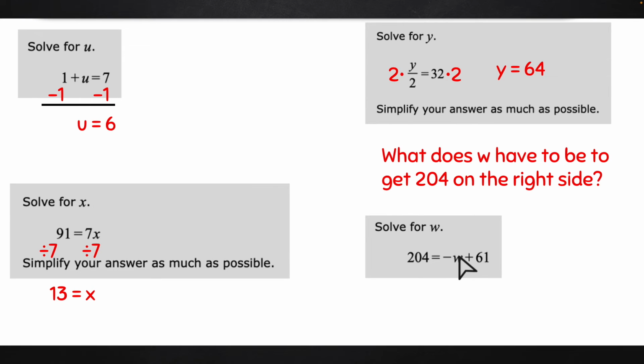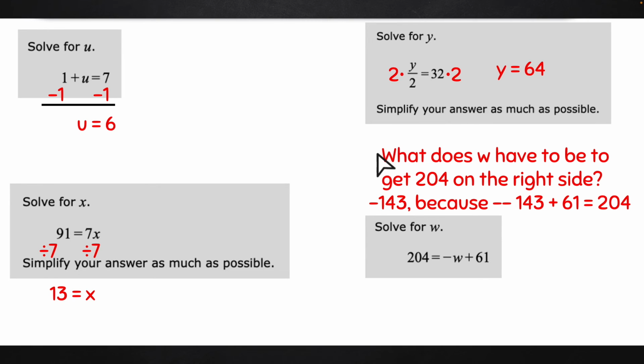So this one I think is a little harder to just grab that number out of thin air and go, oh, yep, I know that it's got to be a very large negative number. And that doesn't include this negative, because 2 negatives make a positive: 143 plus 61 gets me 204. So that one definitely would be a little harder, I think, to just kind of figure out what number fits in there.